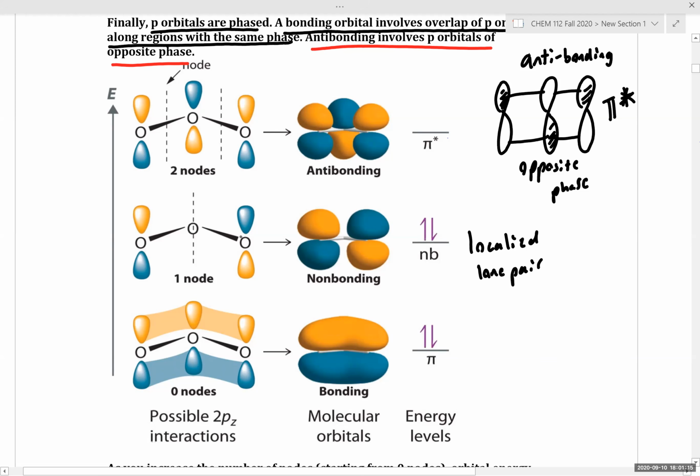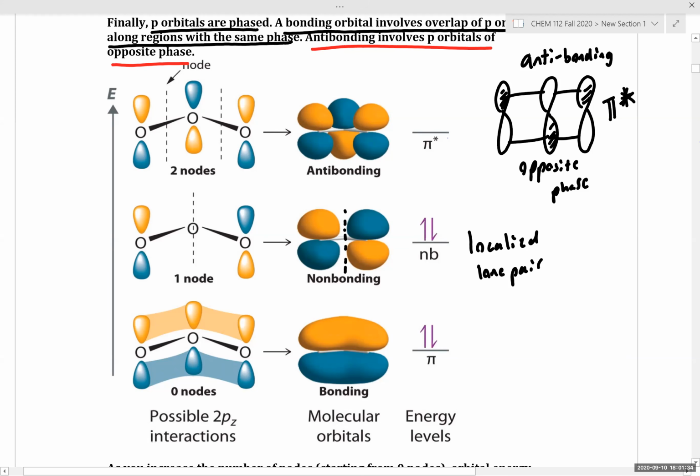So in this model, we don't have a straight antibonding interaction as the atoms containing the orbitals of opposite phase are not adjacent, but we have a node centered around one of our atoms.